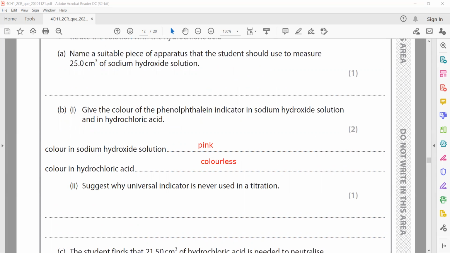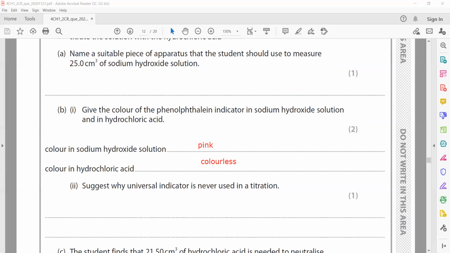Suggest why universal indicator is never used in titration. Because universal indicator shows a transition of colors, like red changing to yellow, yellow changing to green. It is difficult to identify a continuous color change.